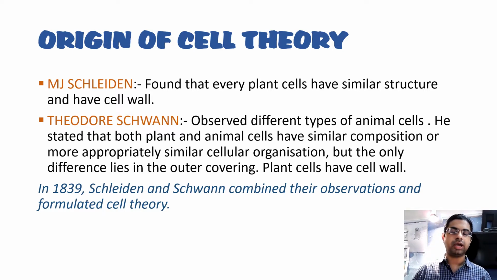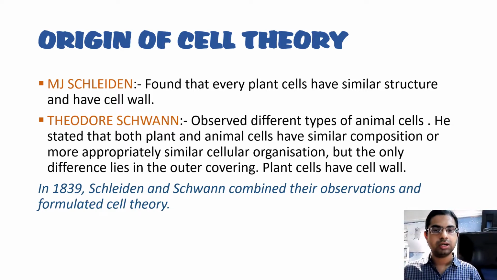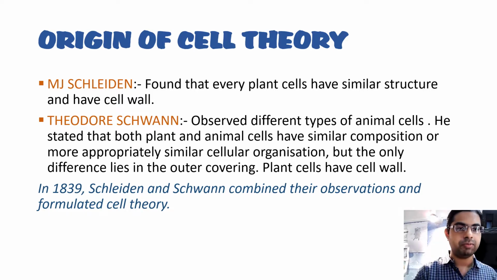These two scientists combined their observations and formulated the cell theory. These two names are very important: M.J. Schleiden and Theodor Schwann.